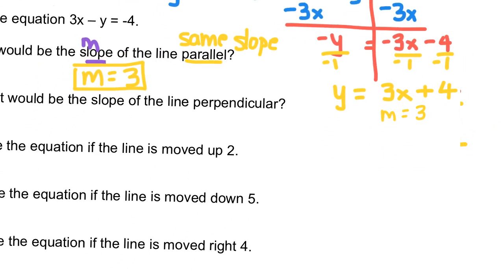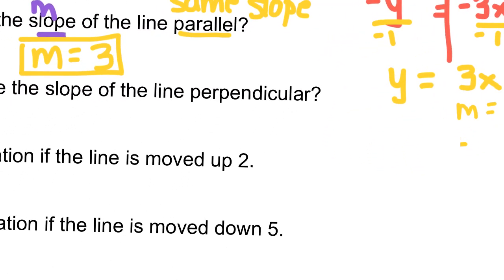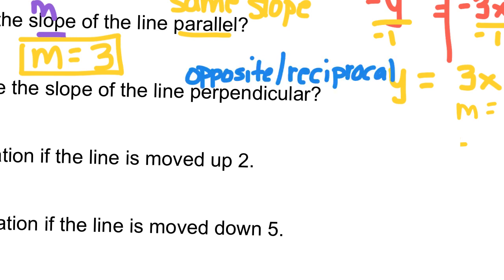What would be the slope of a line perpendicular? Remember, that will be opposite reciprocal. So the opposite of 3 is negative 3. The reciprocal of 3 is 1/3. So the slope of a perpendicular line would be equal to negative 1/3.